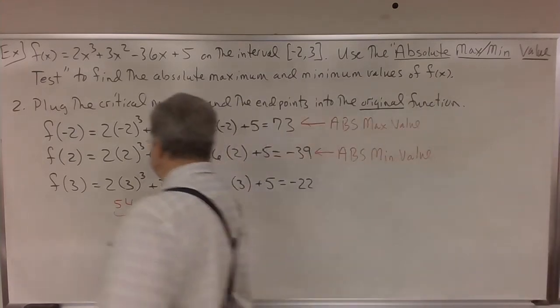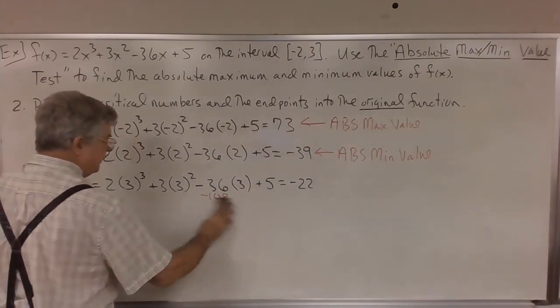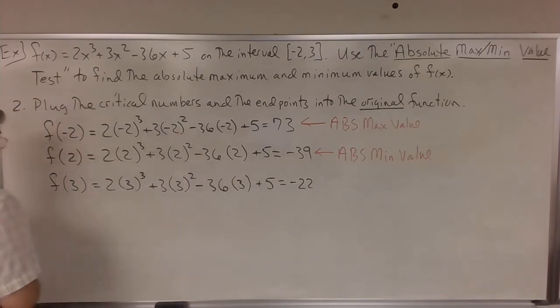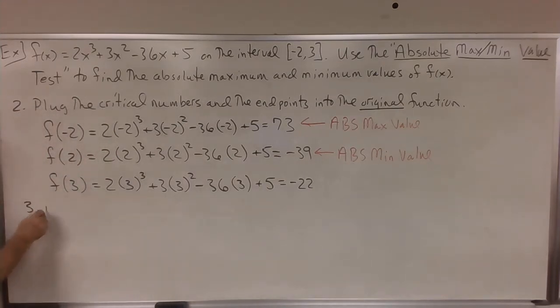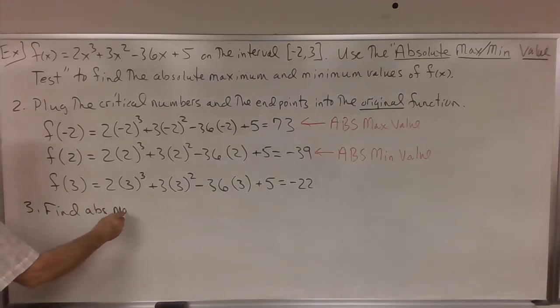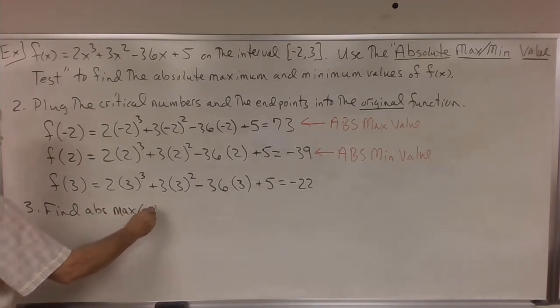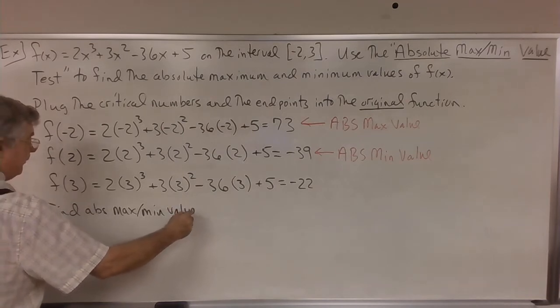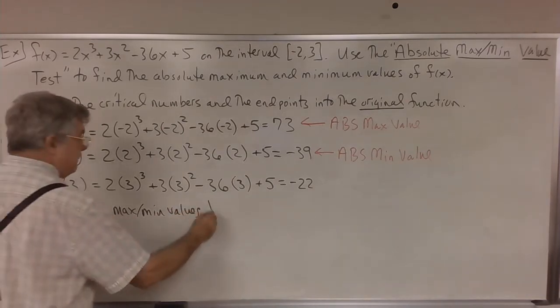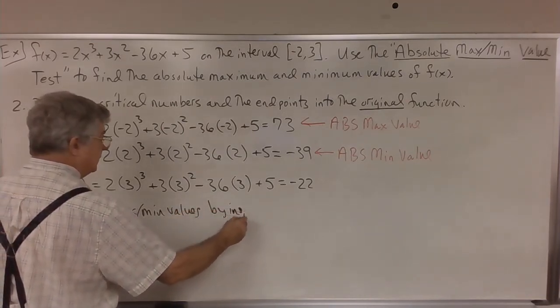So if we're wondering what our third step is, step 3, find the absolute max and min values by inspection.